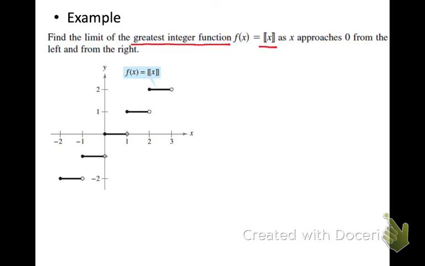So if I want the greatest integer of 2.5, the answer is 2. Because I have 2 until I have 3. So the greatest integer of negative 1.999. Negative 1.